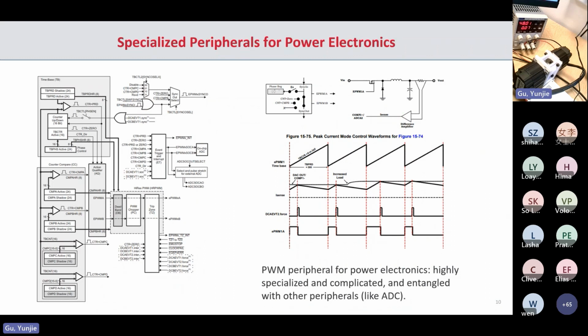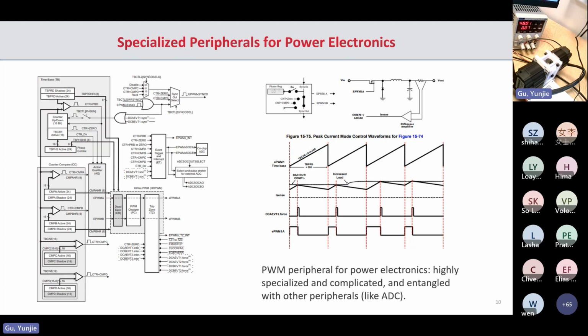After turning off, the current will reduce until you turn it on again. This means the PWM has to be well coordinated with the ADC, so that you know when it is time to turn off, when the current has reached the maximum value. And this is very different to conventional PWM and ADC devices.